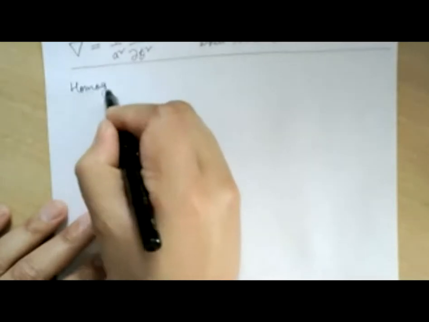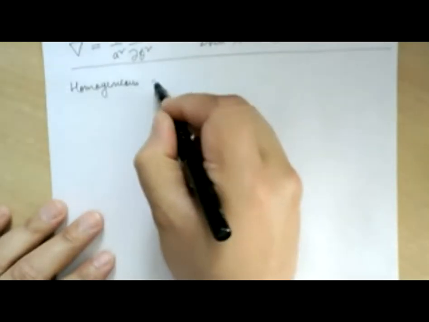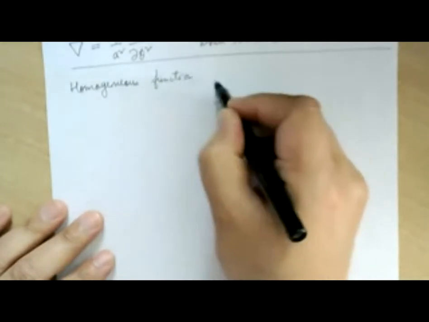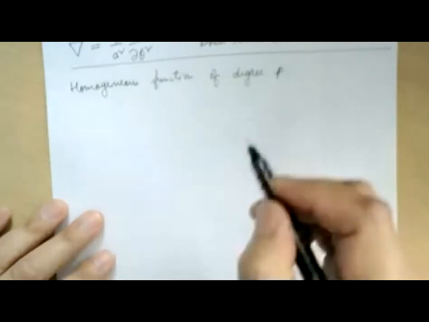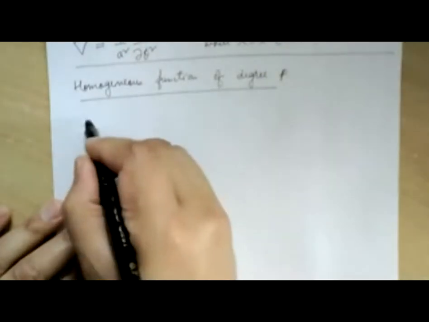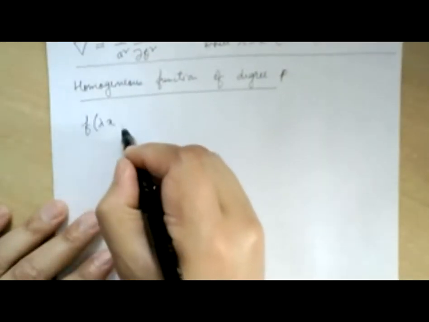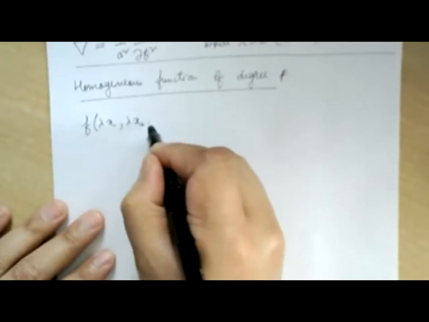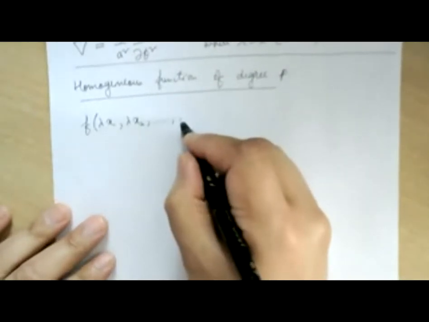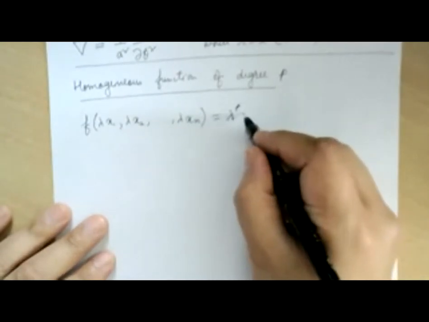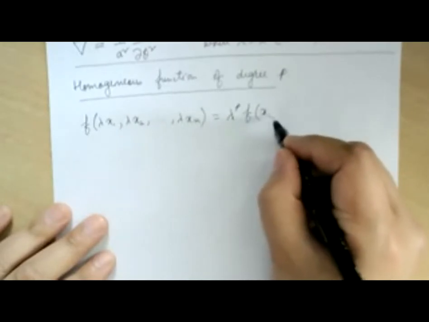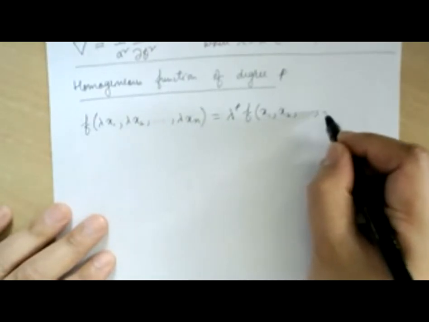So a homogeneous function of degree p. A homogeneous function of degree p is a function which has this property: f of lambda x1, lambda x2, and so on, lambda xn is equal to lambda to the power p multiplying f of x1, x2, and so on till xn.